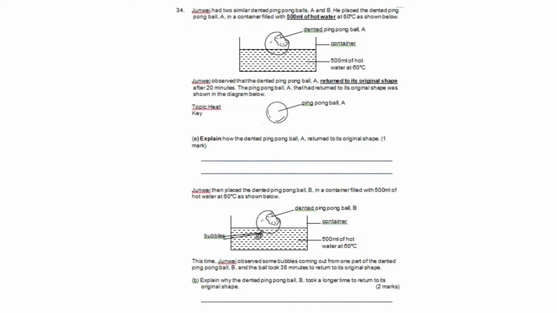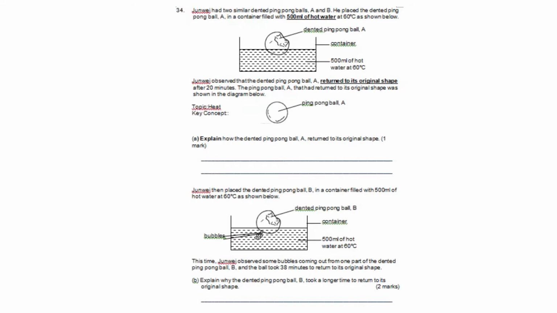Then again you have to write the key concept. Something about heat is causing it to go back to its original shape. Something that was pushed is now going back to its original state. If you think about it, it has something to do with expansion.